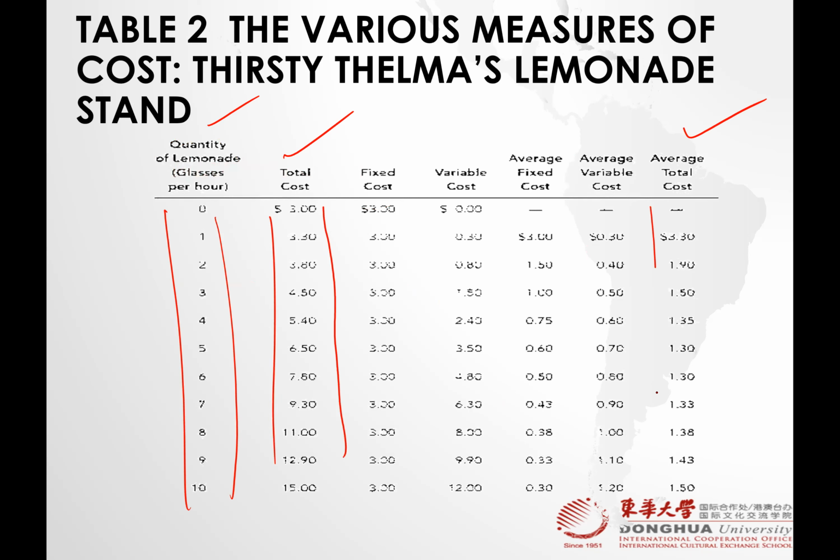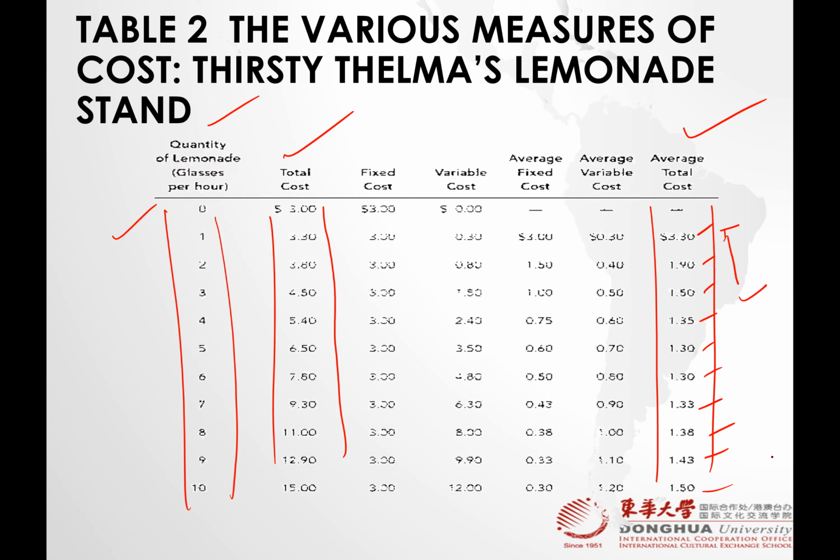But if you compare the average total cost, you see that while total cost is increasing, the average total cost is decreasing, and then increasing. So you see it is decreasing: 3.3, then 1.9, 1.5, 1.3, 1.3, 1.3, then rising again. So this behavior is amazing.